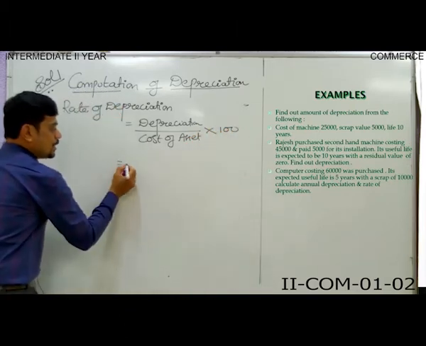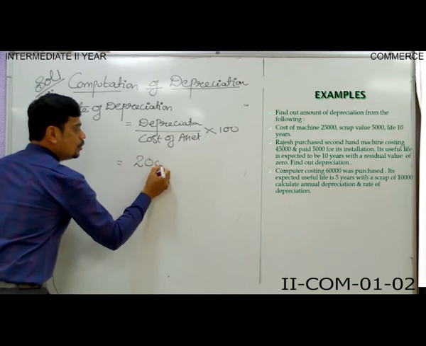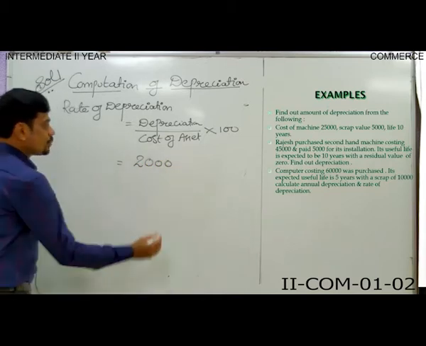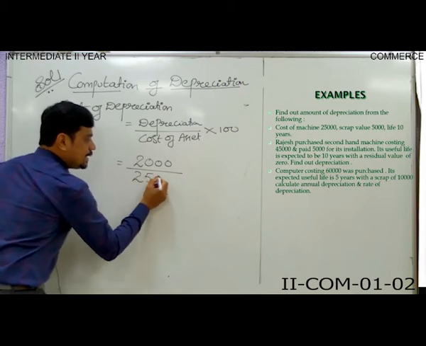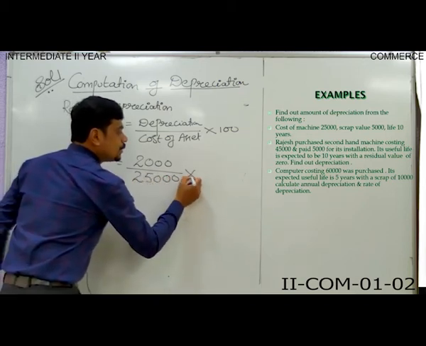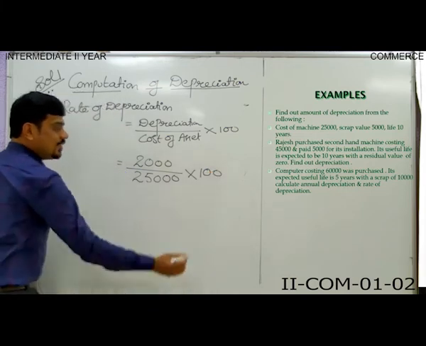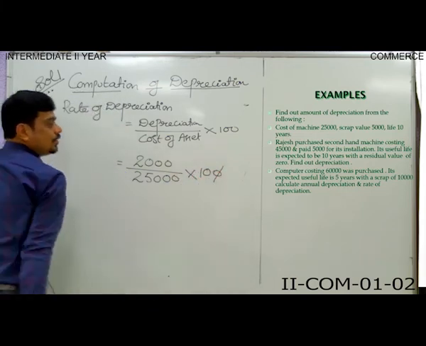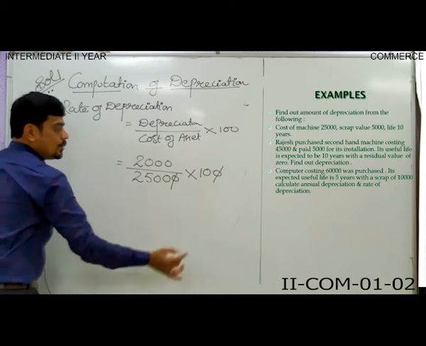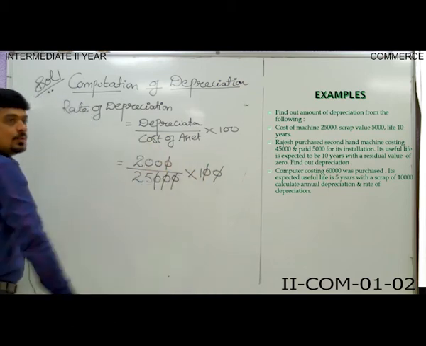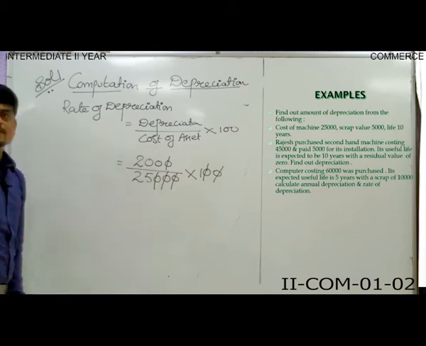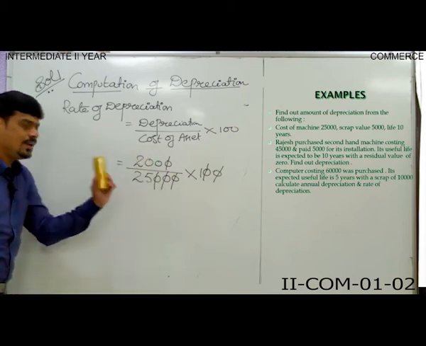Now substituting. How much did we get as depreciation amount? 2,000. Divided by what was the cost of asset? 25,000 into 100. Now we'll first cancel the common zeros. How much is left with us now? 2 by 25.